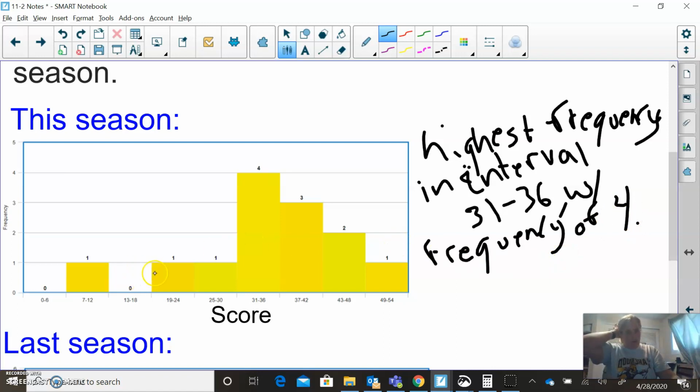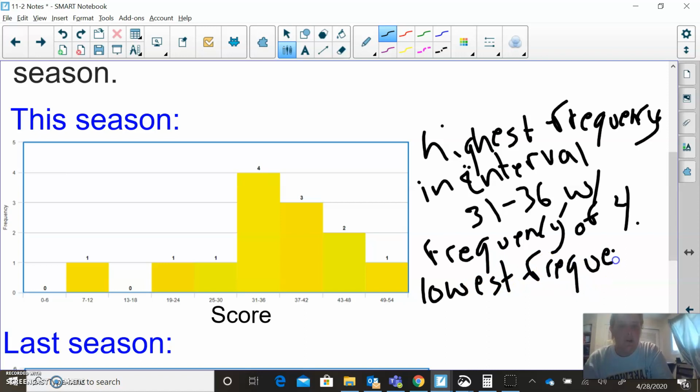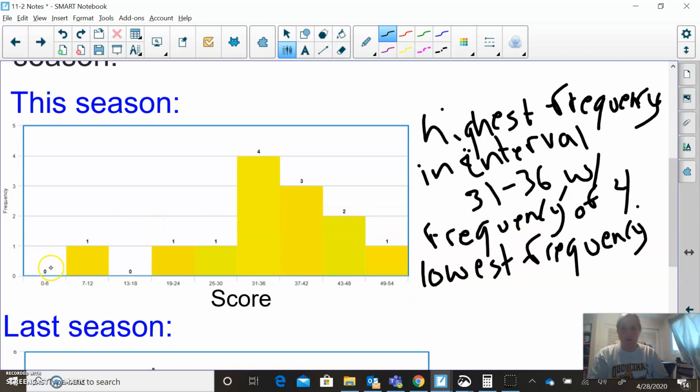Sorry, guys, that looks horrible. Okay, now for our lowest frequency, our lowest frequency actually was 0, right?